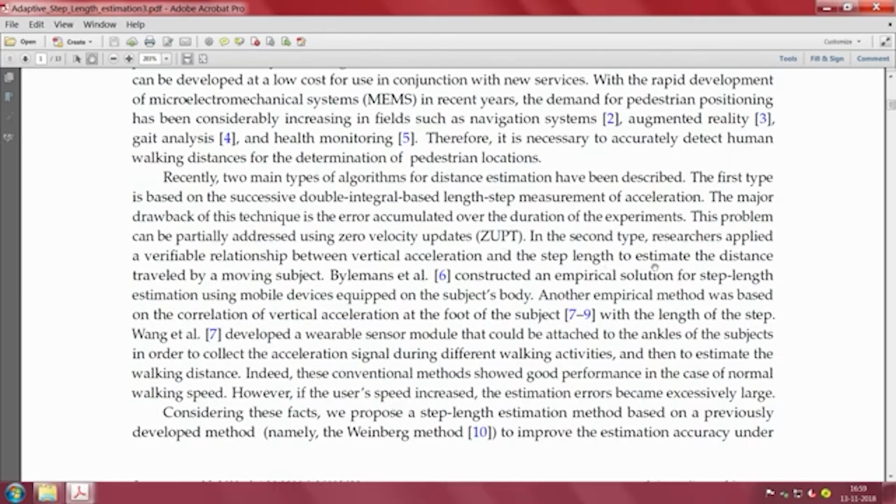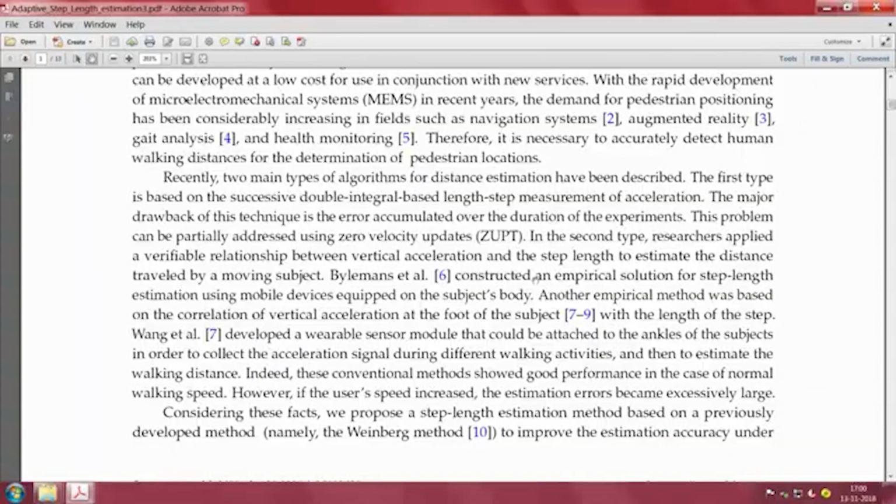Now the second type, where researchers are looking at, is do not do double integration at all. You have a verifiable relationship between vertical acceleration, which is nothing but yaw, which is nothing but z, which is nothing but what I showed you in this phone moving up and down. This is yaw, this is nothing but vertical acceleration, this is nothing but z axis, all are the same, right.